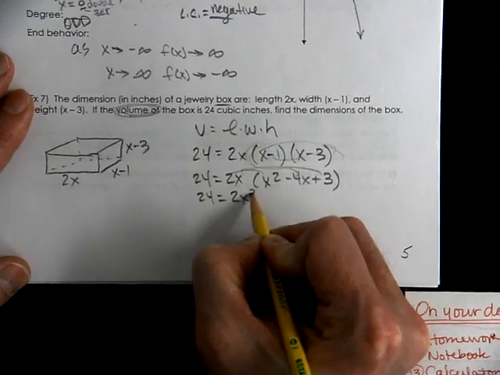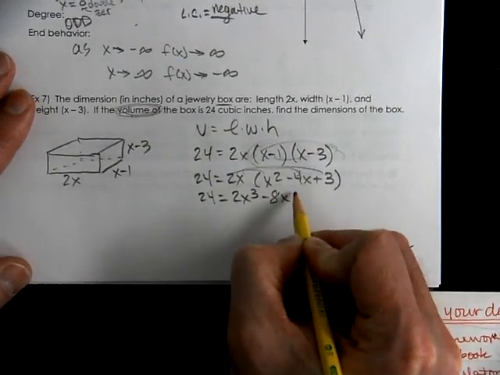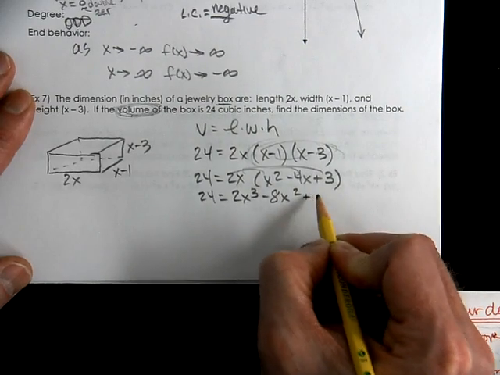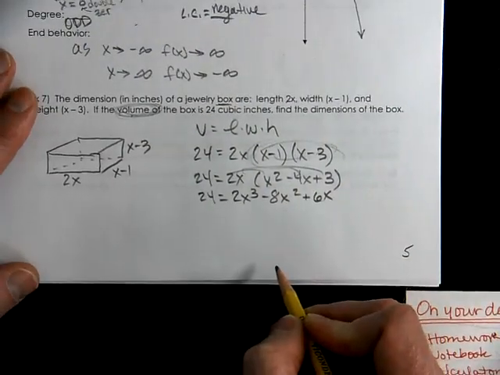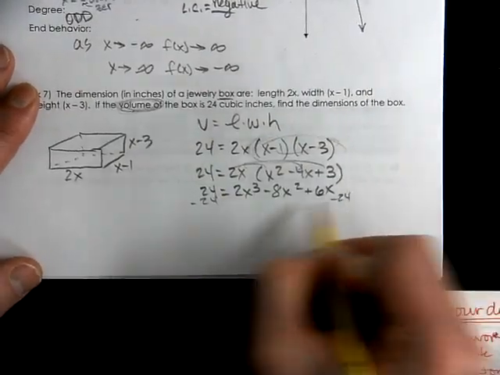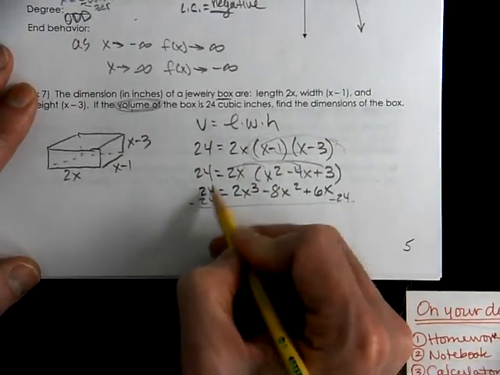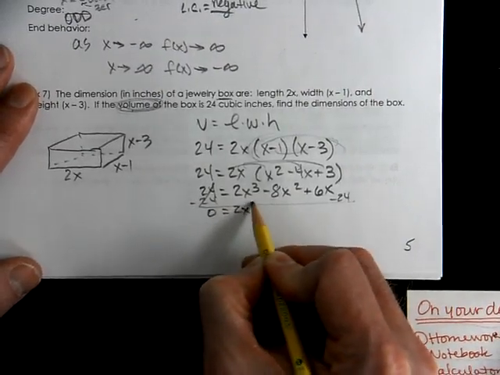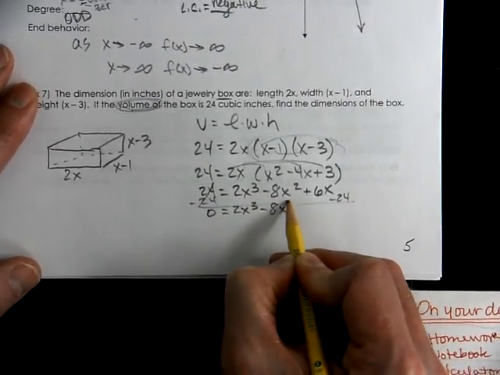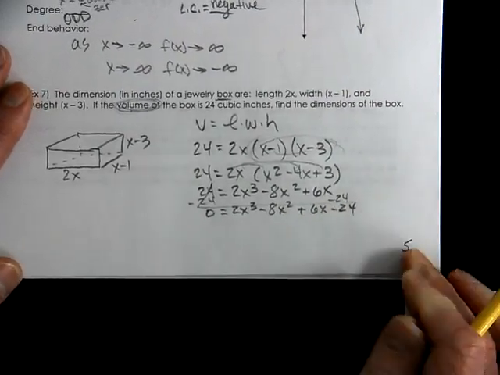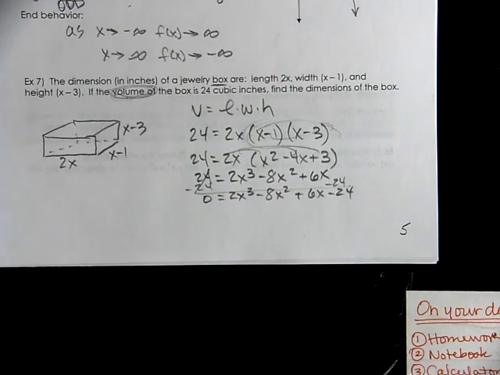So that's 2x cubed minus 8x squared plus 6x. Then we're ready to move our 24 across. So we have 0, and we have this cubic equation. It's in standard form.